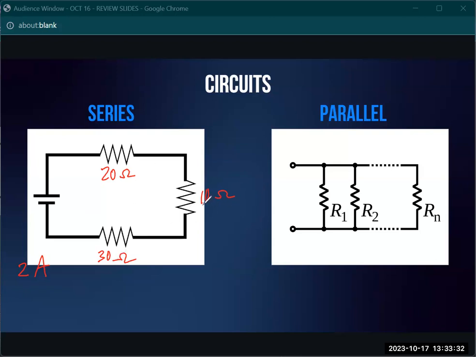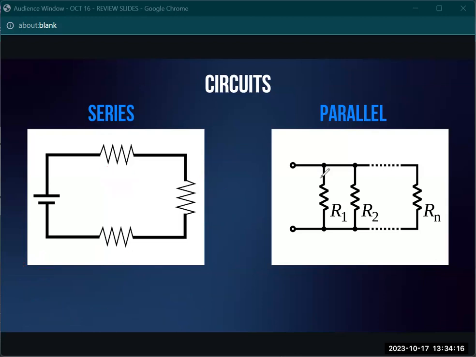It's just the sum: 20, 10, 30, 60. So, we're gonna multiply it to the current. Ang total na voltage niya is just 120. Tapos, ang division niya per resistor is equals to I times R. So, 20 times 2, dito 40 volts, dito 20 volts, tapos dito 60 volts.